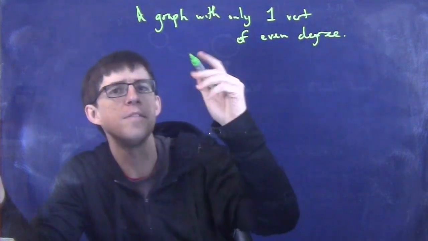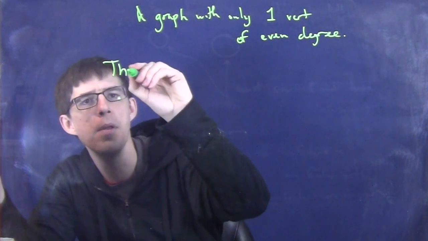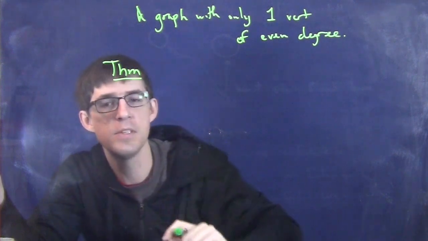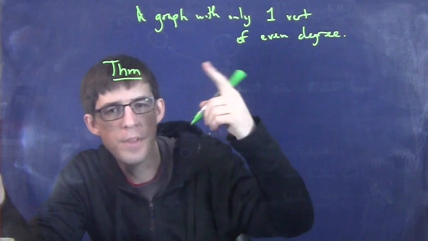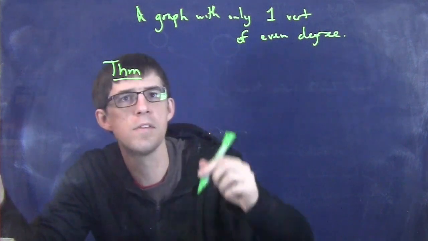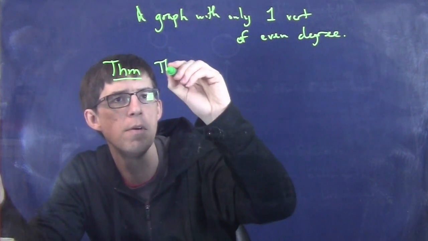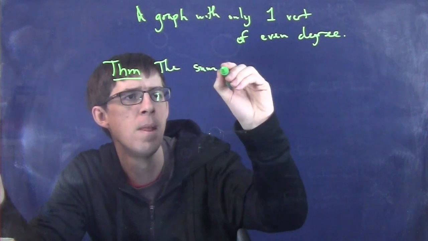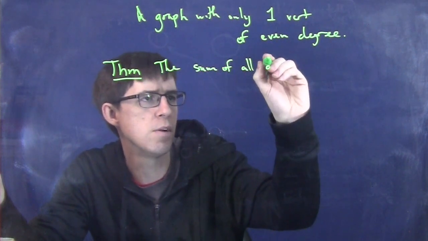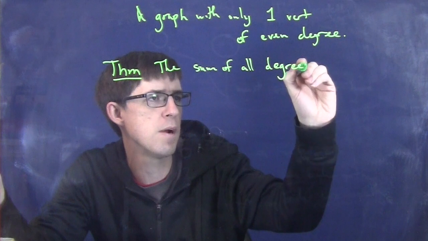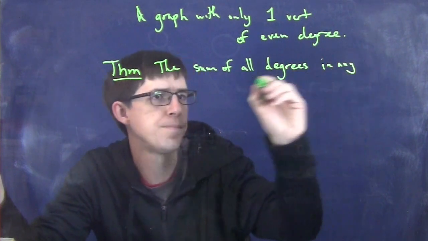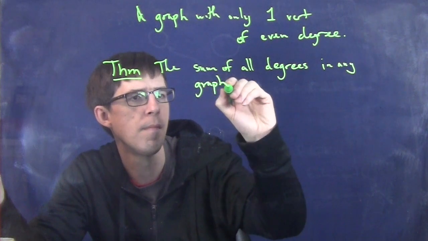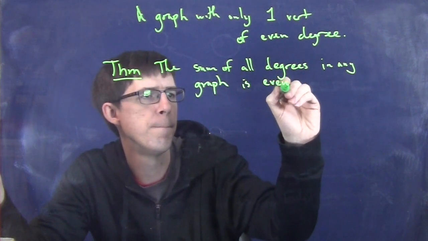Actually, this is because of another big theorem that Euler proved about graphs. Euler's theorem about this is called the sum of degrees theorem. The theorem says the sum of all degrees in any graph, doesn't matter what it is, is even.